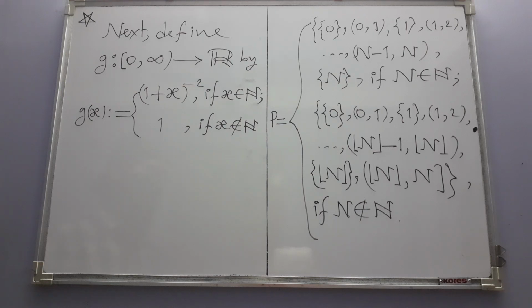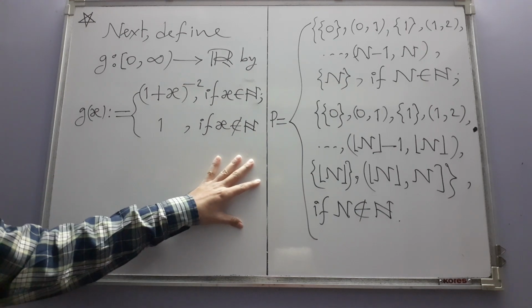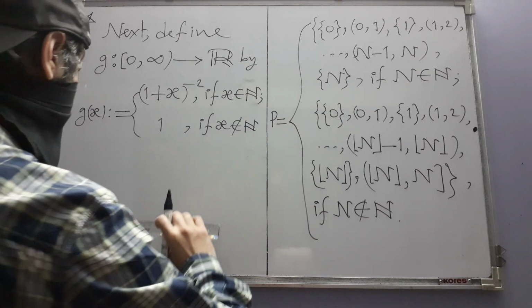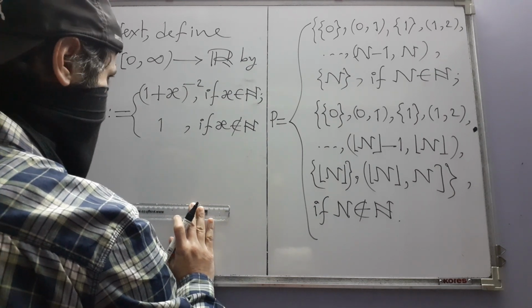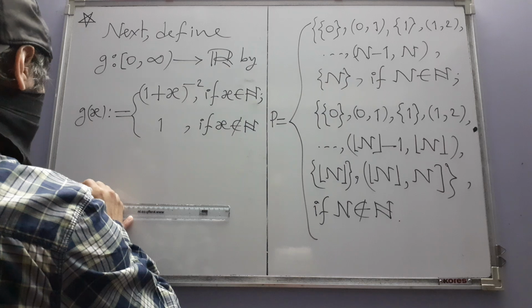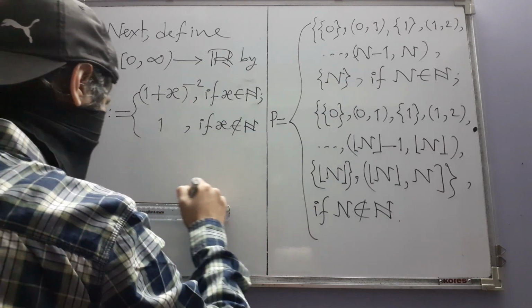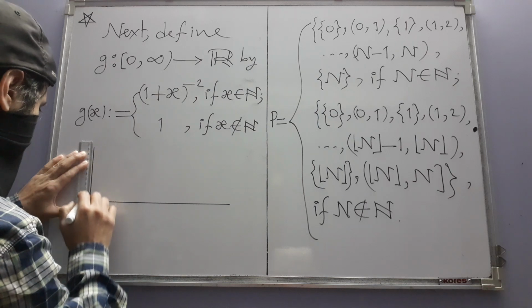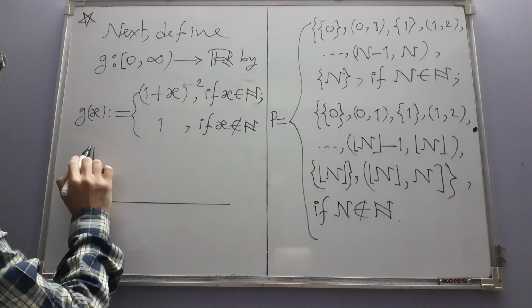Okay. Now, if we similarly draw a graph for this function, let's see what we get. Here it's not exactly 1 and 0, but still the nature of the function is similar to that of f in one respect.